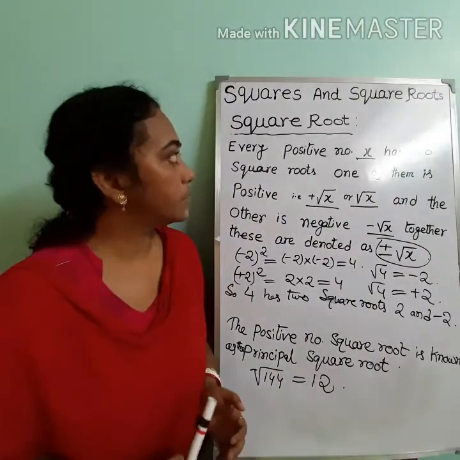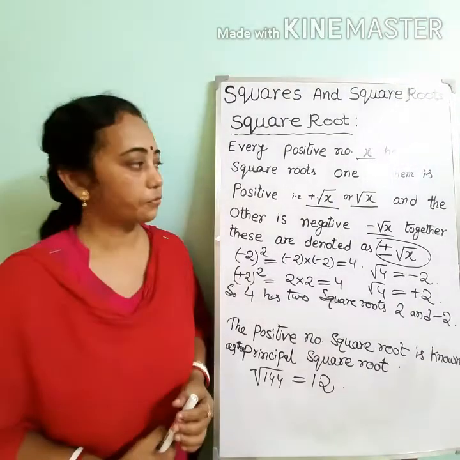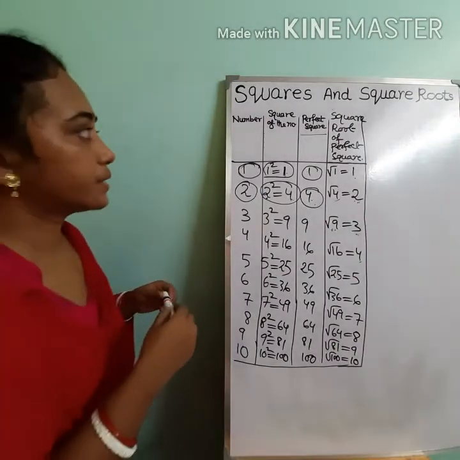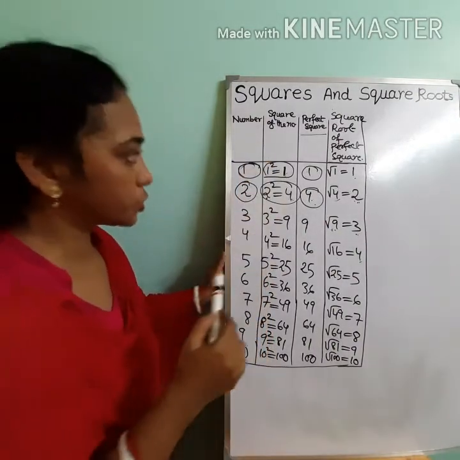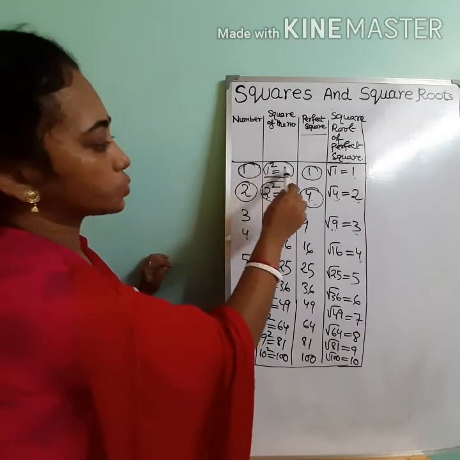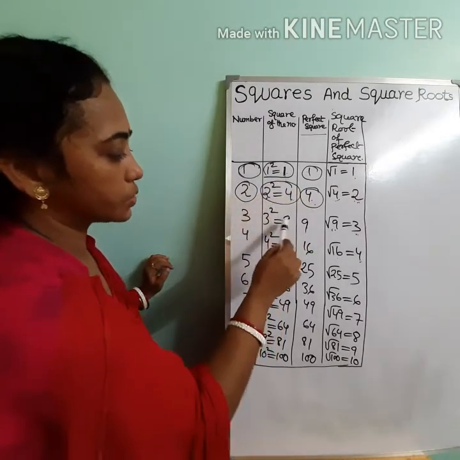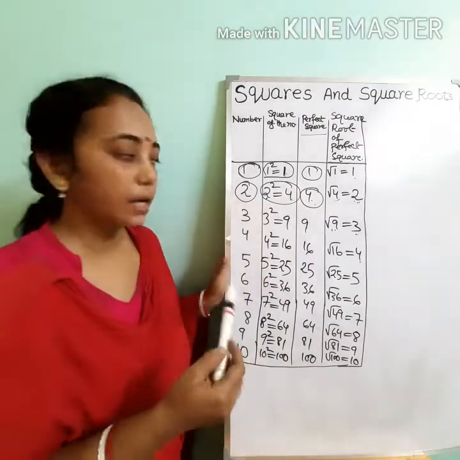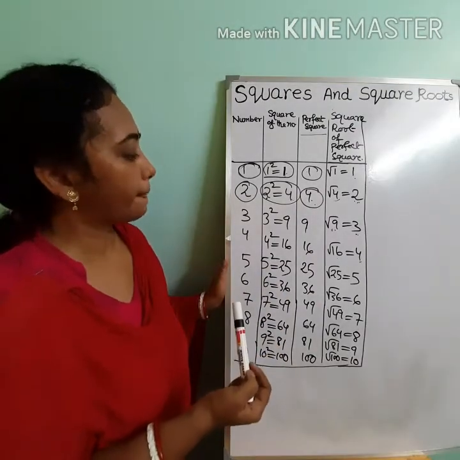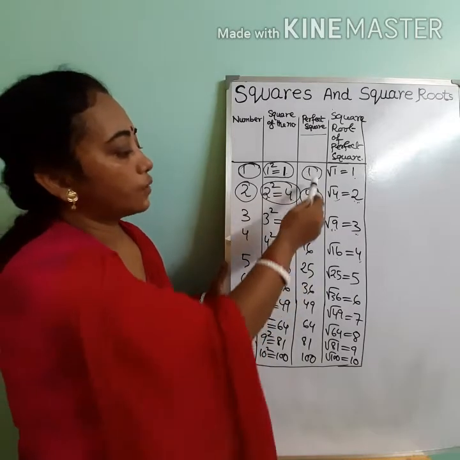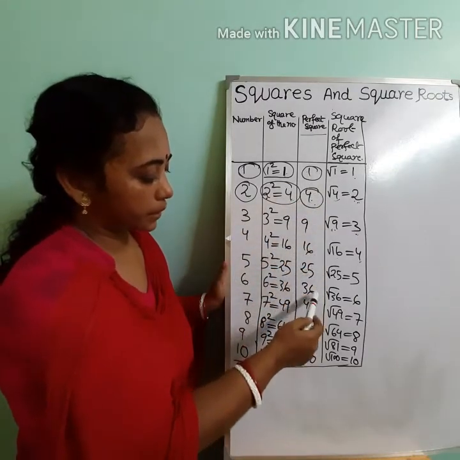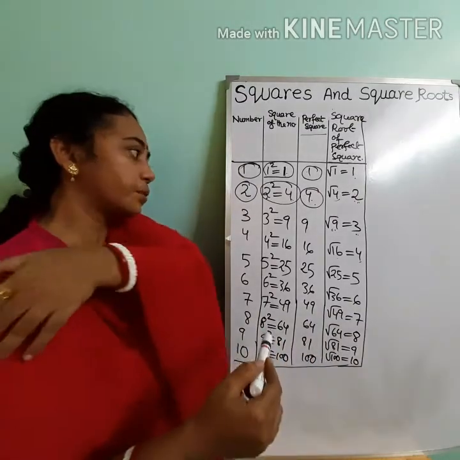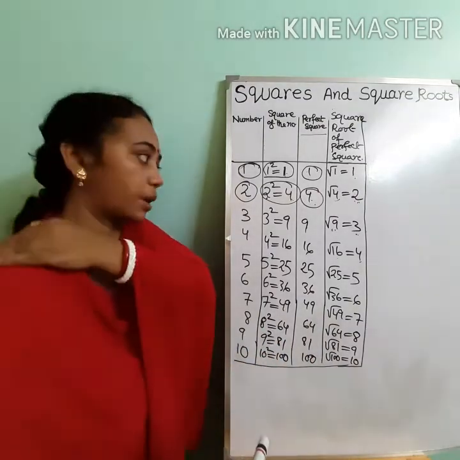Let us see the table related to the square roots of a number. Look at the table. Here the numbers from 1 to 10 are shown, and the square of each number: 1 square is equal to 1, 2 square is equal to 4, 3 square is equal to 9, 4 square is equal to 16, and 10 square is equal to 100. Now the perfect squares, here 1, 4, 9, 16, 25, 36, 49, 64, 81, 100, are all perfect squares because these are all squares of natural numbers.